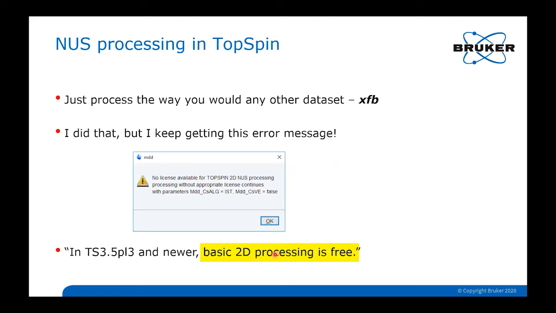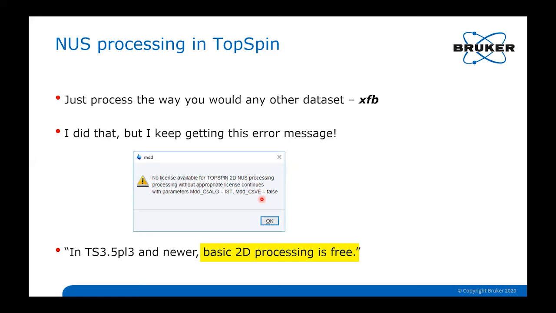And unfortunately, some of the standard Bruker parameter sets have the processing parameters for NUS set up to use those more advanced processing methods. Fortunately, what the message actually says is that we don't have the license available for the processing that is set in your data set, but we will process it anyway using these changed parameters. So if it's just something that you're doing by hand, you get this message, you can just ignore the message.